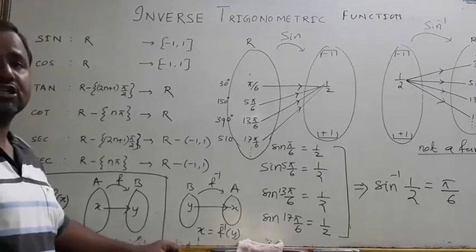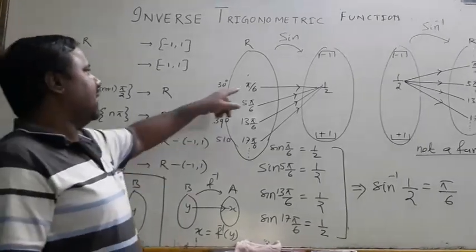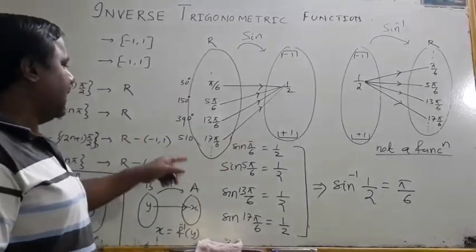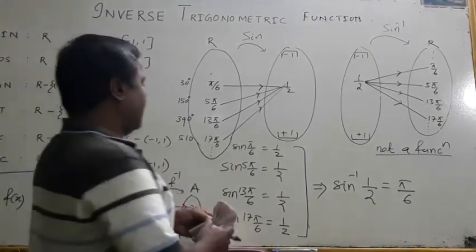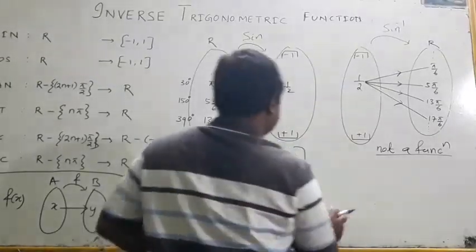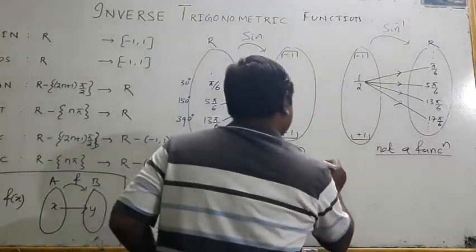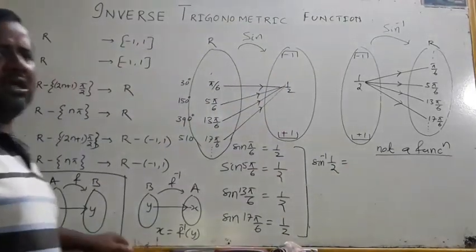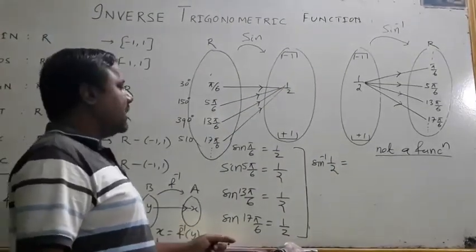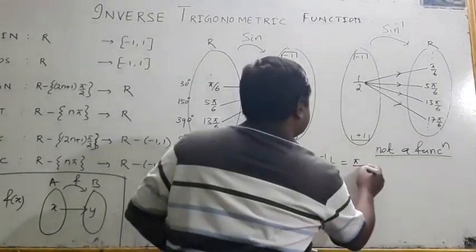Similarly, sine pi by 6 is half, sine 5 pi by 6 is half, sine 13 pi by 6 is half, and sine 17 pi by 6 is half. And I am writing here: sine inverse half is equal to pi by 6.